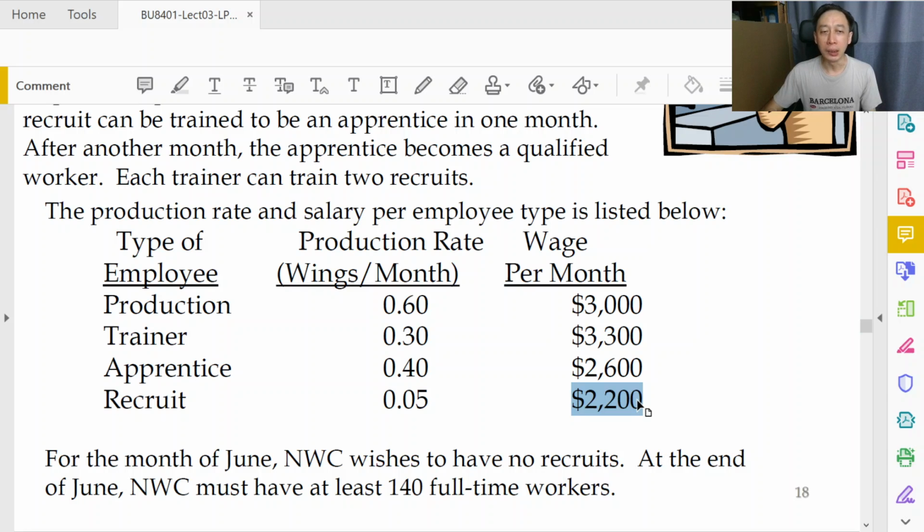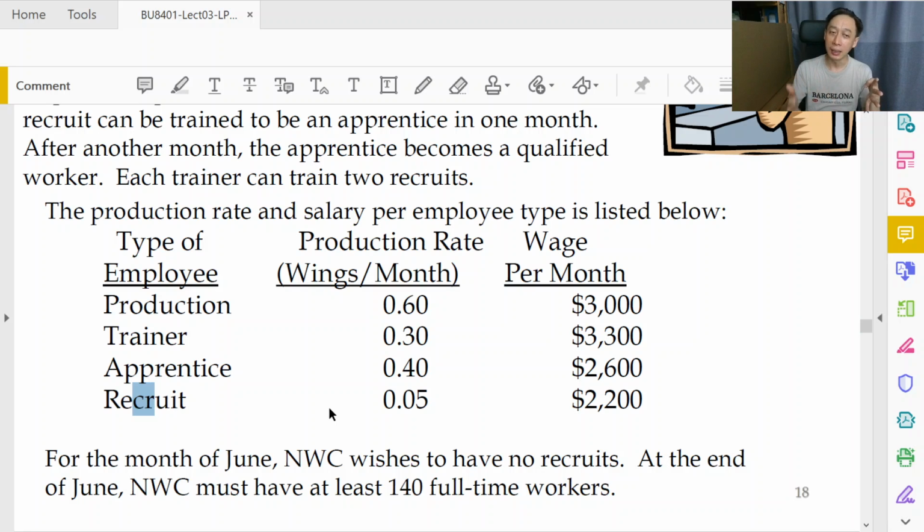Clearly, we need to have 4 decision variables already: number of production workers, number of trainers, number of apprentices, number of recruits. The question is also, how many recruits do we hire, do we take in at the start of every month, remember, right? So we not only have to have 4 variables, because then we say, well, we have 3 months to think about, right?